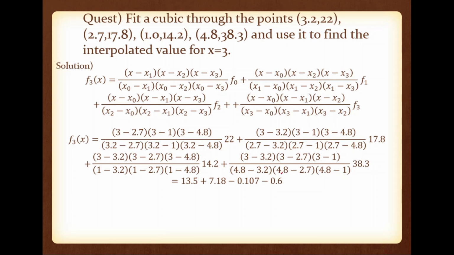This one is 7.18. This is minus 0.107 and this is minus 0.6. So the answer is 20.21. Means 3 is very close to 2.7, and 20.21 is very close to 17.8. You can see here 3.2. So from 2.7 to 3.2, the value is changed from 17.8 to 22. So here you can see that the answer is somewhere in the middle.